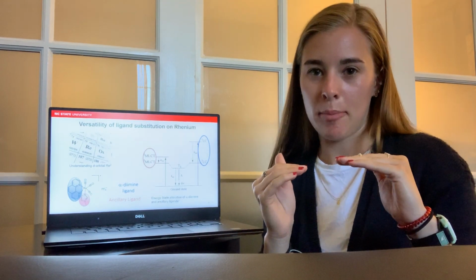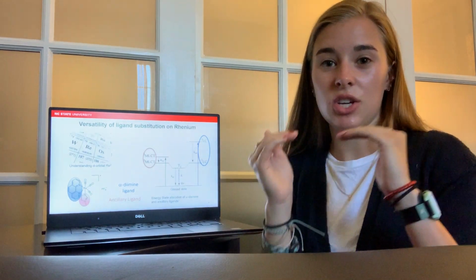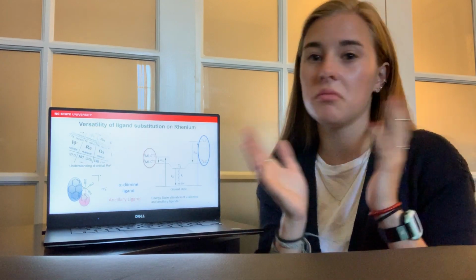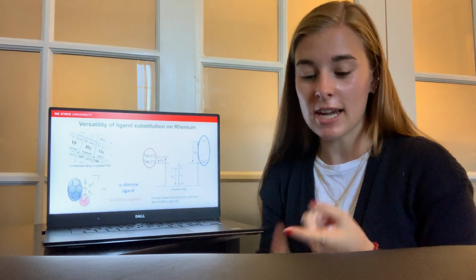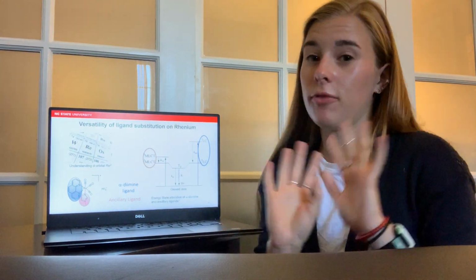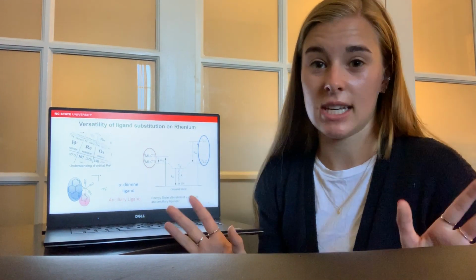And we want that to happen so that the transition from one to the other are fairly similar, which would be really good for our lifetime, for the photophysics, everything in photophysics that we would see.